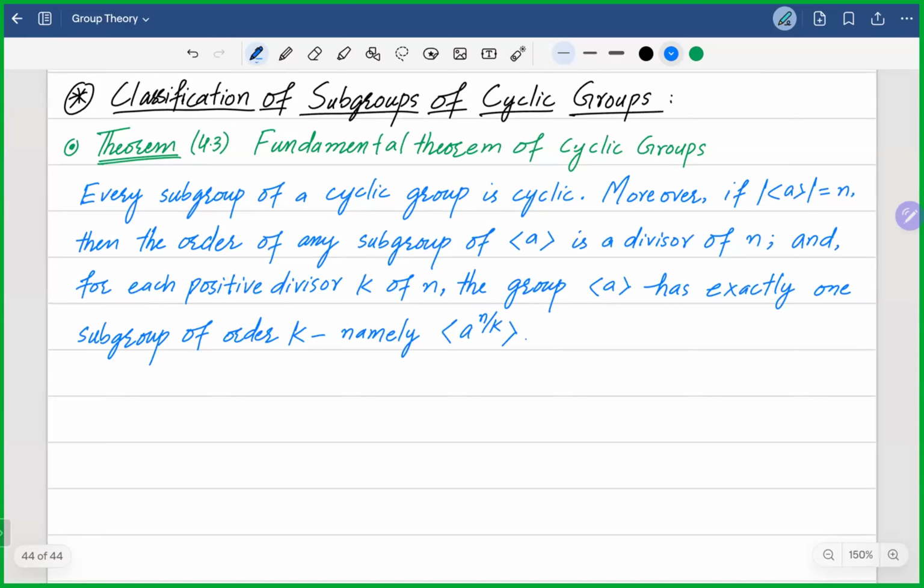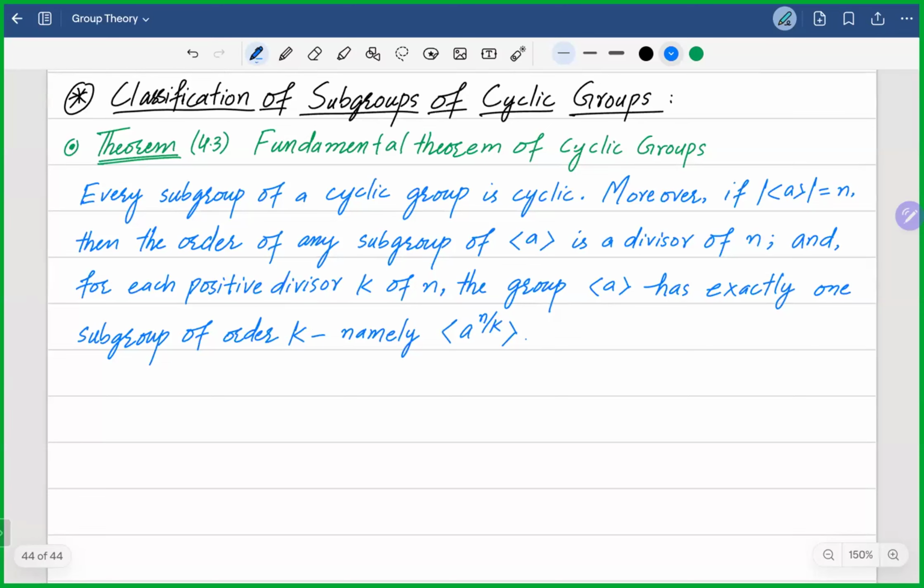Perfect. Now, we will not prove this theorem in this lecture because it's a very long proof, and you can refer to any text for the proof. I'm just going to talk about its applications and its understanding.